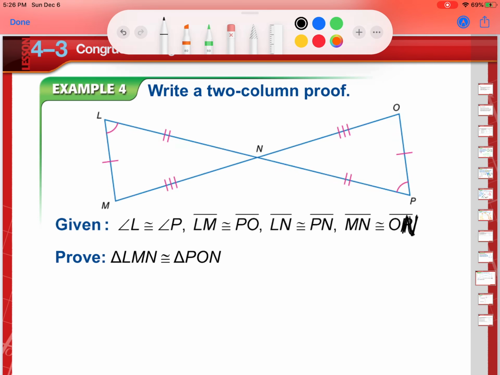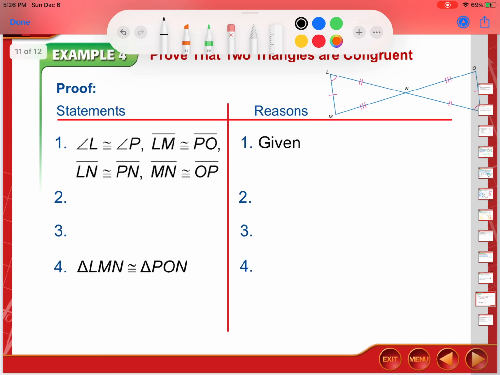That should be MN and ON. So we're going to fix that boo-boo right there. All right, so MN and ON. That's my mistake. I apologize deeply for that. Kind of. So we have our givens written down. They did that kindly for us.